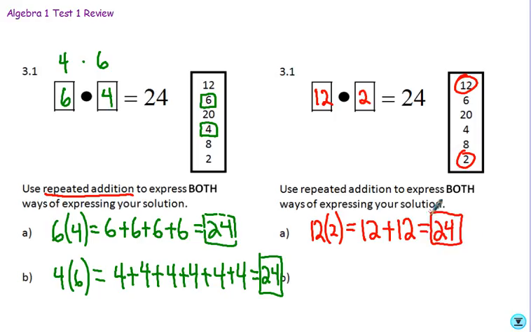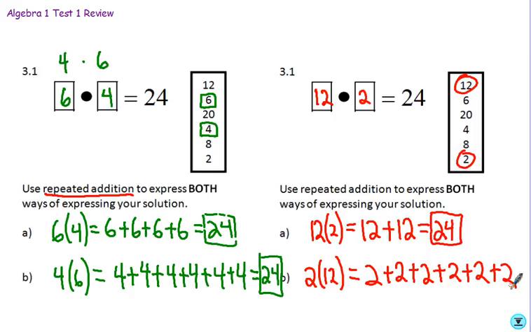All right, does it work the other way around? Let's see. 2 times 12, got to write this out. It says take 2 and write it out 12 times. So that's 1, 2, 3, 4, 5, 6, 7, 8, 9, 10, 11, 12. Now you're sitting there saying, well, why would you write all that out?